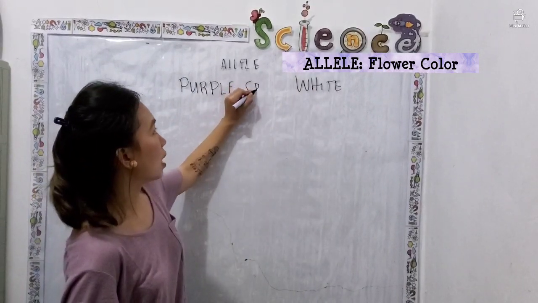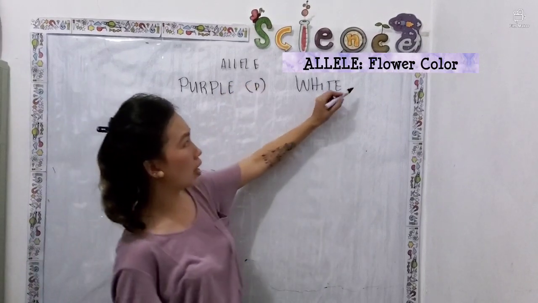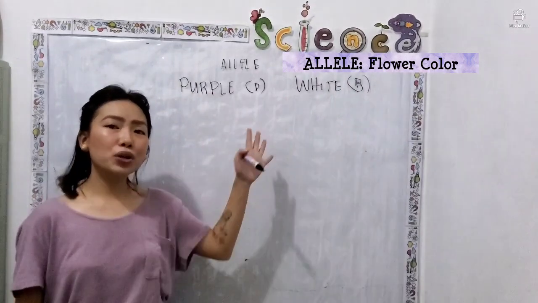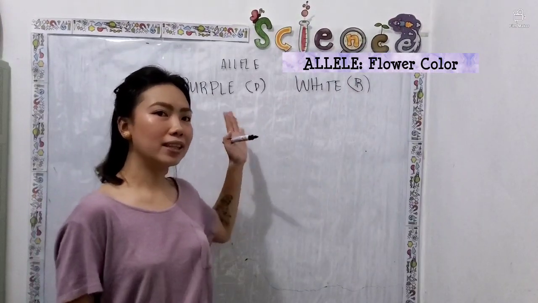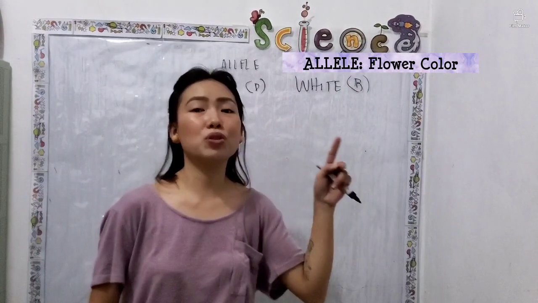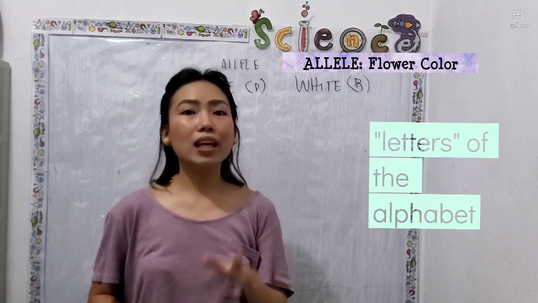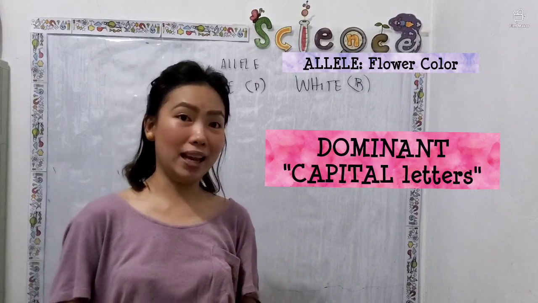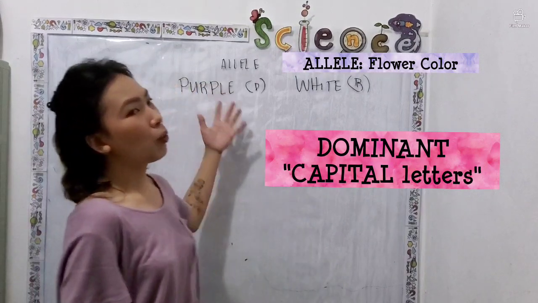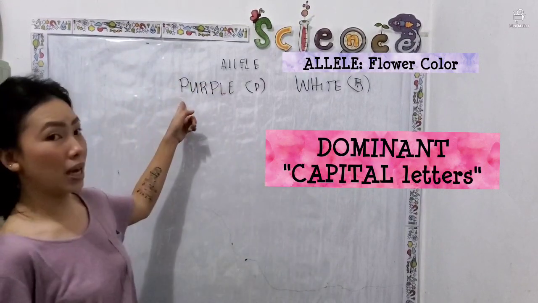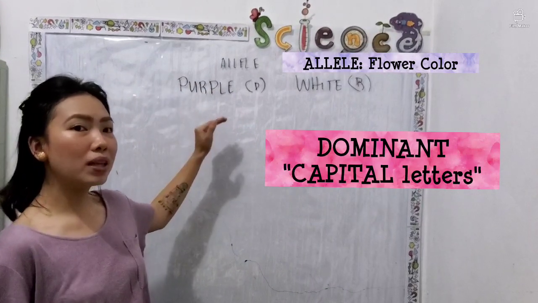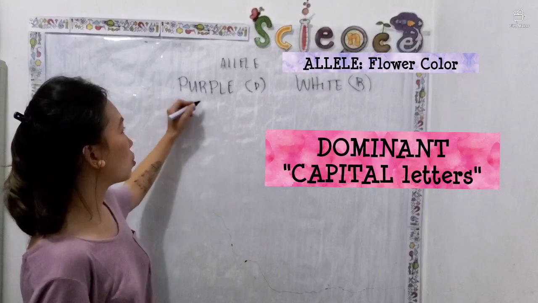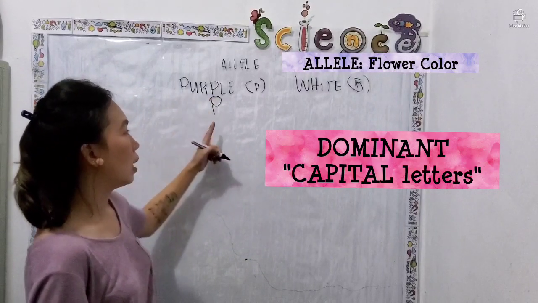So this is the dominant, letter D, and this is the recessive, letter R. Now, in order for us to represent the dominant and the recessive trait, we will make use of a letter. To represent a dominant allele, we use capital letters. So for example, I want to use letter P. To represent the dominant allele, which is the purple, I will make use of a capital P.